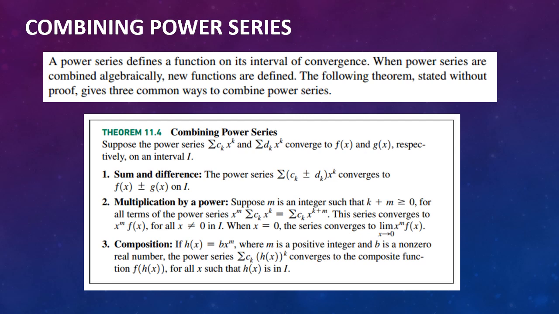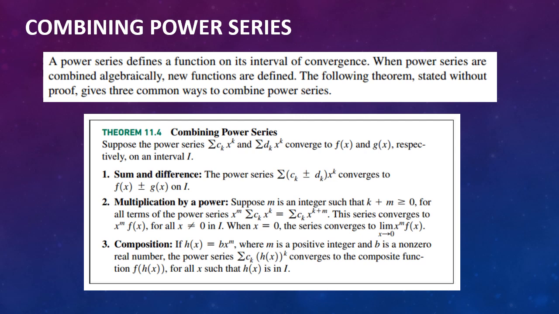And this series converges to x to the power of m times f of x for all x not equal to 0 in I. When x equals 0, the series converges to the limit as x goes to 0 of x to the m times f of x. Okay? So here now we're multiplying by a power of m on x.